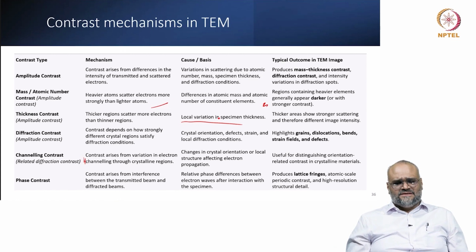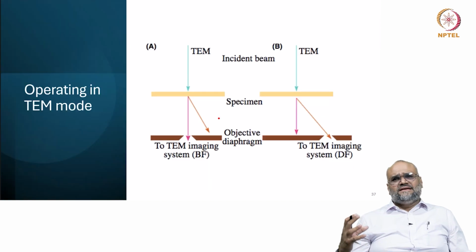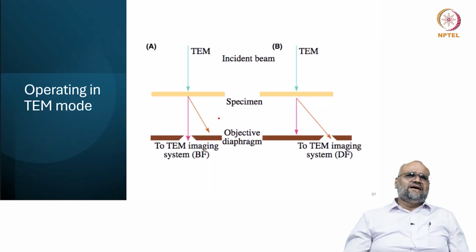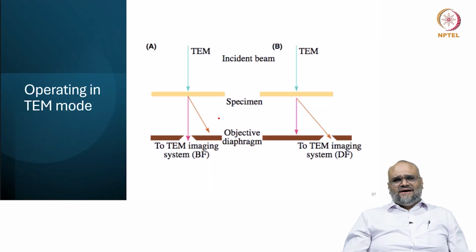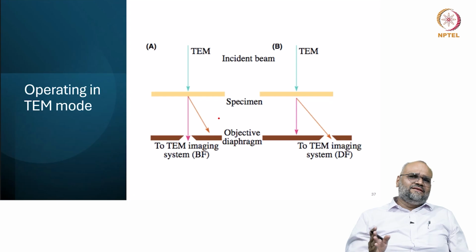high resolution imaging. If I look at the common operational modes in conventional TEM, you have the incident beam, and after the interaction with the specimen, you have the direct beam and the electron beam which is scattered at small angles.